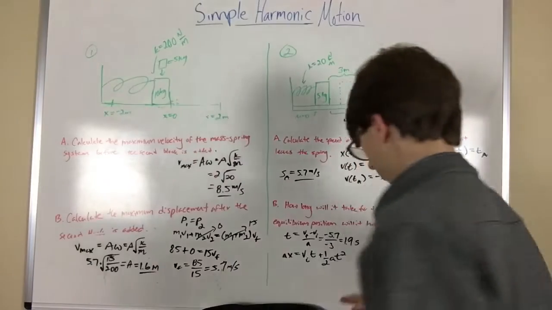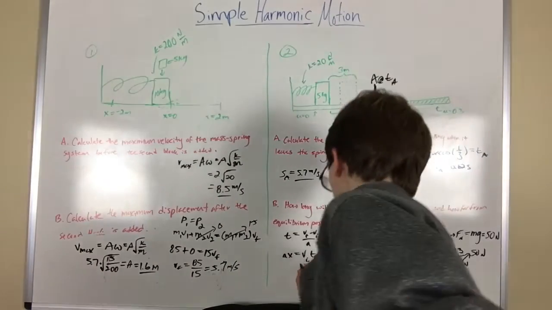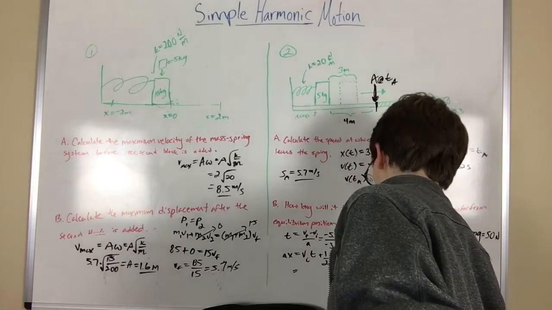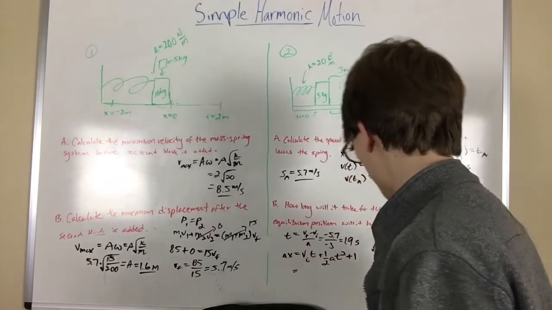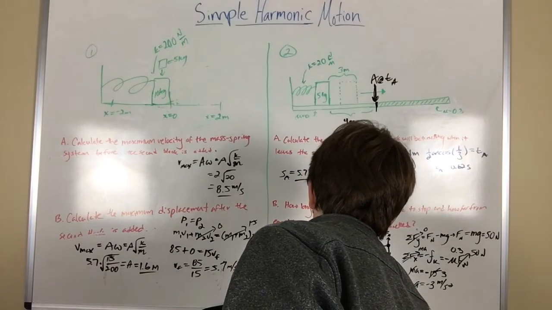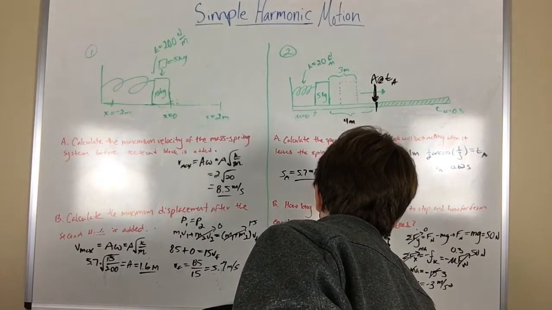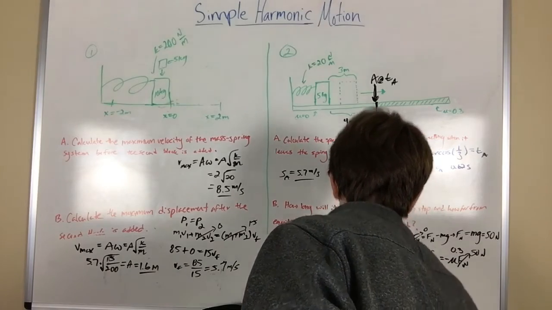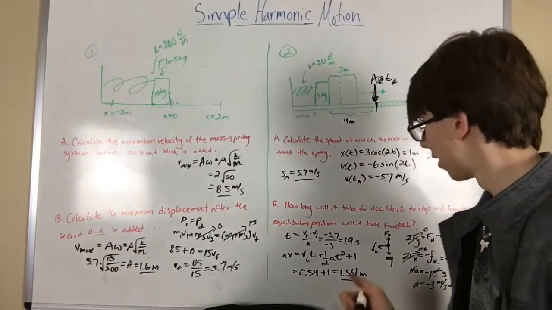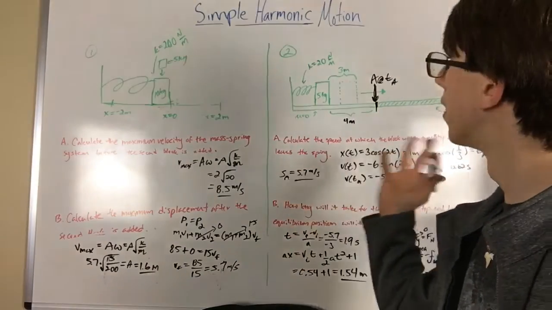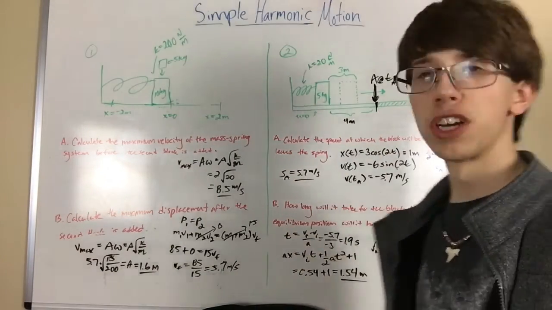Plug that in, we get delta x, and also add 1, because add 1 meter. And then what do we get the distance is? We get 0.54 plus 1, so that's 1.54 meters. And that is it for the 2 FRQ questions.